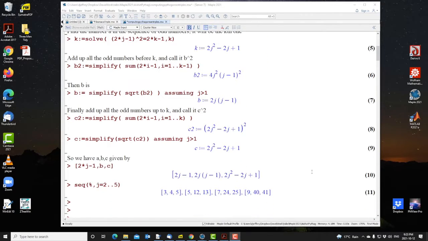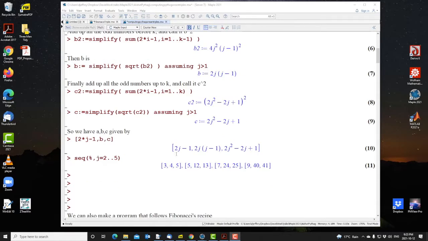And then finally, we add up all of the elements including 25, and that gives us c. Here is our triple of 2j minus 1, etc., where j, as we remember, is the position of the selected square in the second sequence. And then I have printed out a sequence here from 2 to 5. We recognize 3, 4, 5, 5, 12, 13, 7, 24, 25, 9, 40, 41.